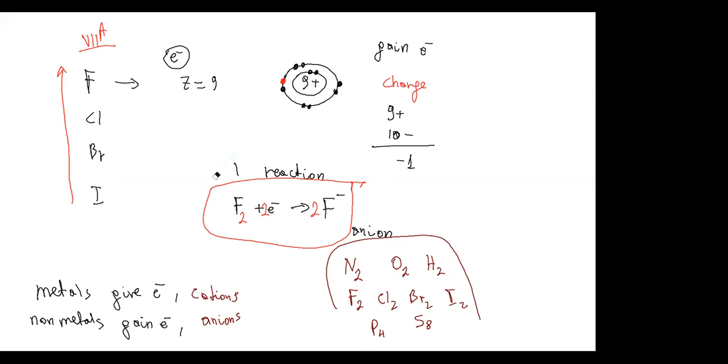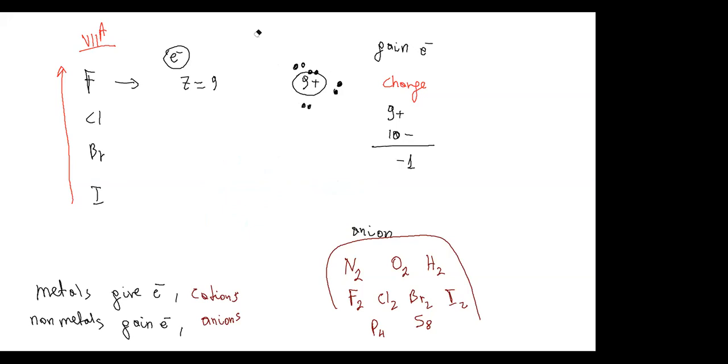Just let me explain this difference between fluorine and chlorine. Here is the atom of fluorine. So this is the element of fluorine, and chlorine, the atomic number for chlorine is 17.